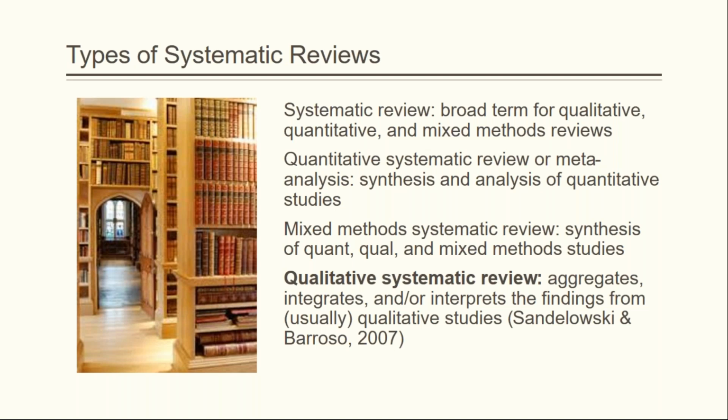I say usually because there are a couple of qualitative systematic review designs that also include quantitative and mixed methods studies in their reviews. So systematic reviews, including qualitative ones, are most often conducted in the fields of health and education. I'm going to assume a lot of you attending this webinar are from those fields. However, we've seen expansion to other fields that conduct applied social science research, such as psychology, marketing, tourism, just to name a few.